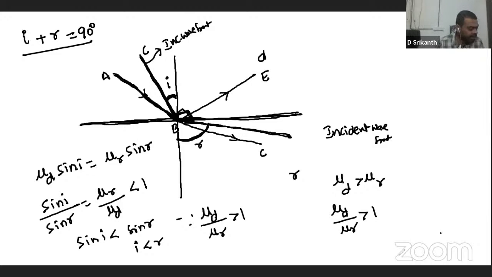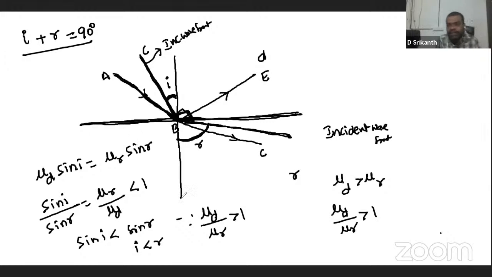Now suppose the surface of the rarer medium is polished or silvered, then we don't have any refraction. We'll have only the reflection.